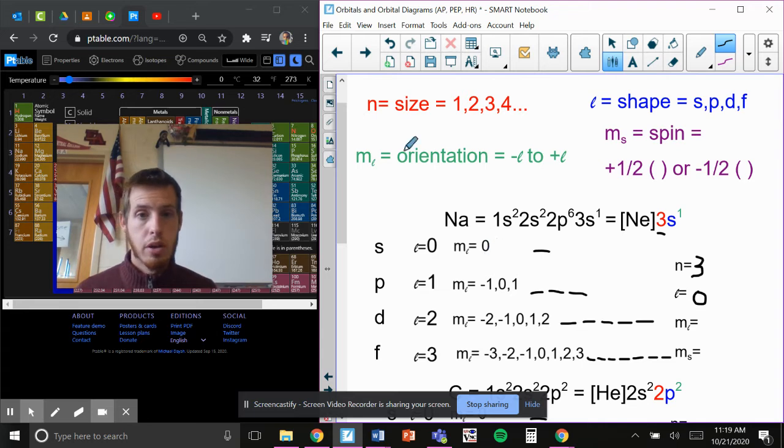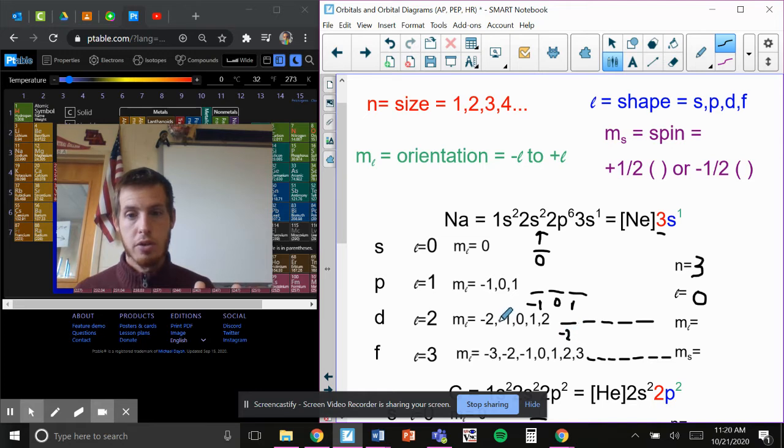And now let's talk about m sub l and m sub s. There is only one electron here, and that's specifically because of the 1 I'm seeing here. Well, here, there's only a 0, so it's 0, because again, the orientation is going to be the negative l to l value. So for p it's negative 1 to 1. There are 3 numbers here, right? There are 3 orbitals.